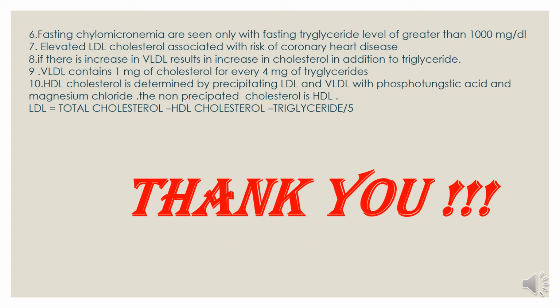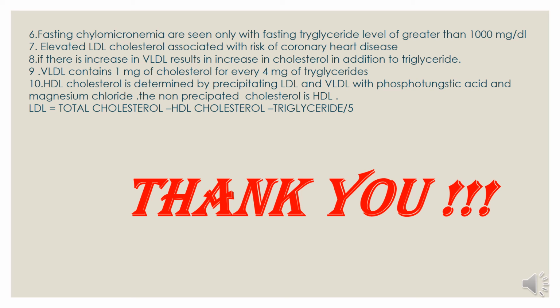Fasting chylomicronemia is seen only with a fasting triglyceride level of greater than 1000 mg per dl. Elevated LDL cholesterol is associated with risk of coronary heart disease. An increase in VLDL results in an increase in cholesterol in addition to triglycerides.